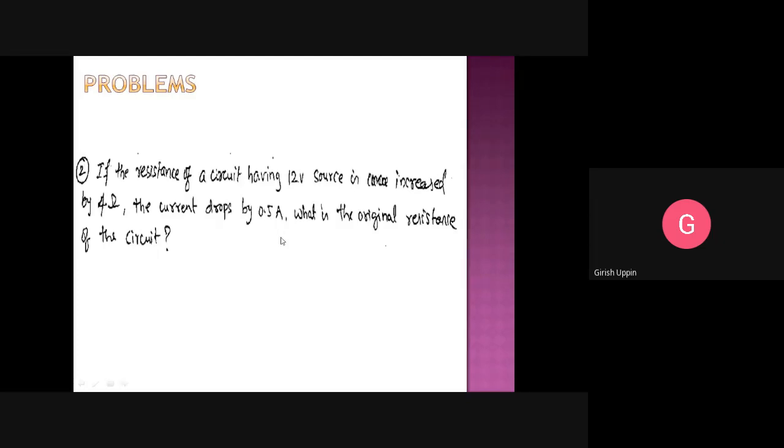So what would be the new current? I minus 0.5. What is the original resistance of the circuit? So what is the value of R? I hope you understood. Draw the two circuit diagrams, apply Ohm's law, then try to figure out the value of the resistance.